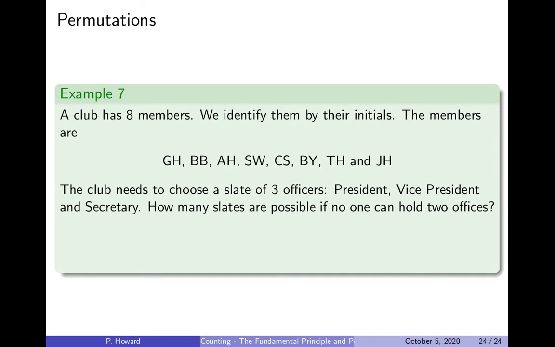And the question is, how many slates are possible if no one can hold 2 offices? So here again, we have a permutations problem. We are choosing 3 of the 8 club members and arranging them in order. President, vice president, and secretary.